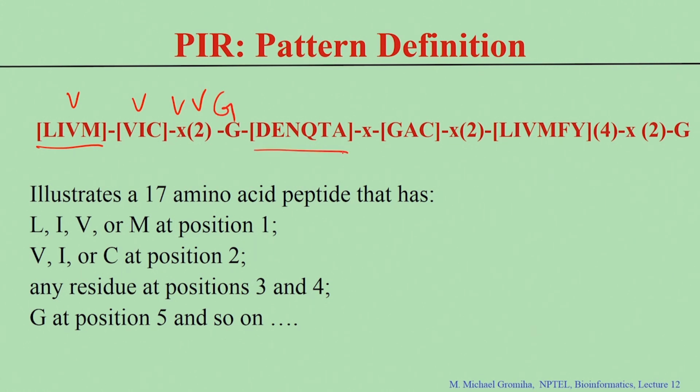And here N, Q, okay, we can put Q. So, this is X, you can put P. So, here A, okay, then two any residues, I, IA, and here L, M, F, V. Because L is allowed, M is allowed, F is allowed and V is allowed, 4 times. Because of 4 times you put 4, then 2x, AA and finally G.